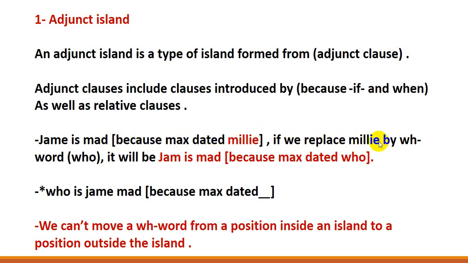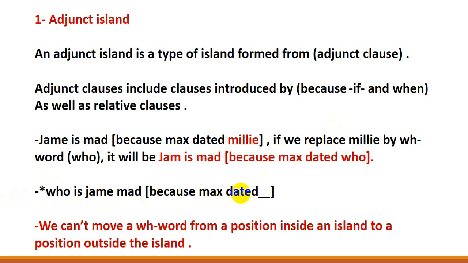If we replace Miley by the WH word who, it will be: James is mad because Max dated who. If we want to pull who out of the adjunct island and make a question, the question is: who is James mad because Max dated?